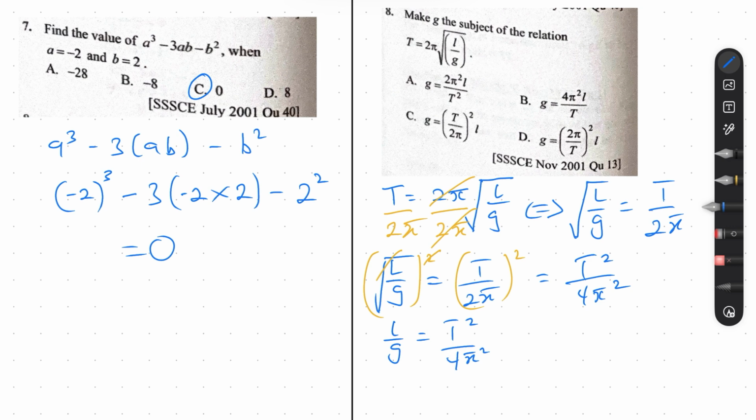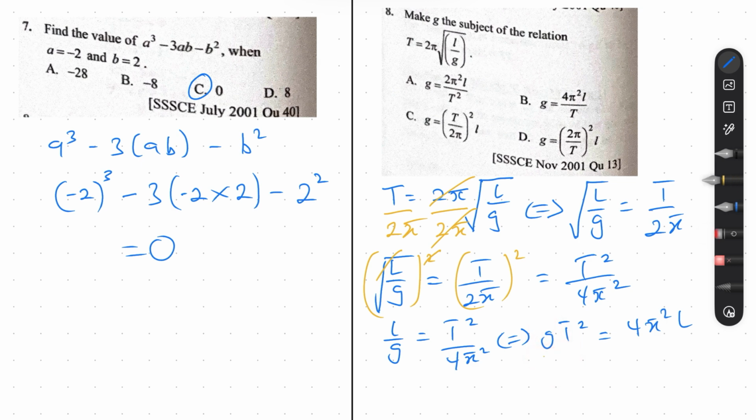Now we can just do cross multiplication so that we can get our G separately. So we have g t squared is equal to 4 pi squared L. Now to make sure that G stands alone, we divide both sides by t squared.